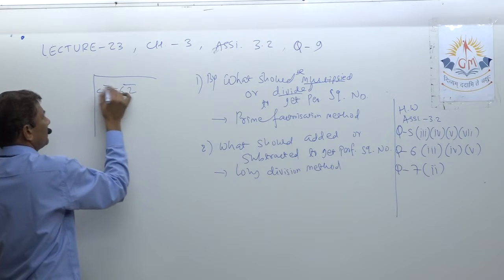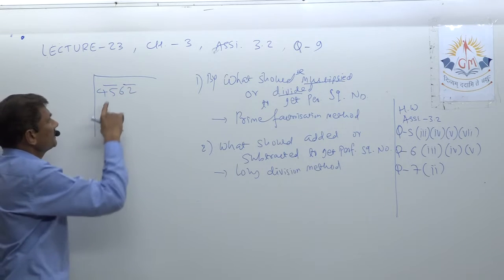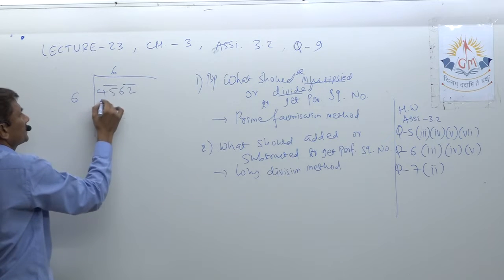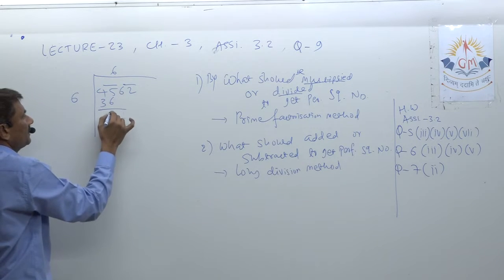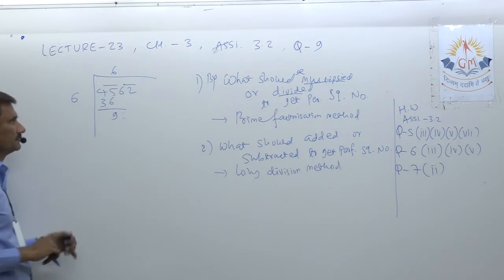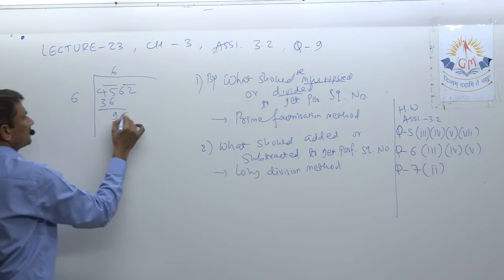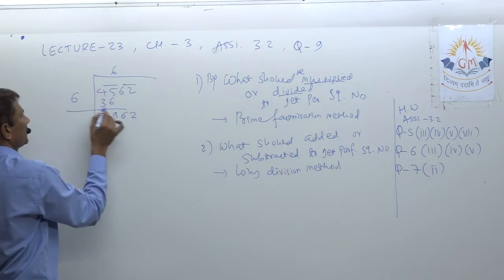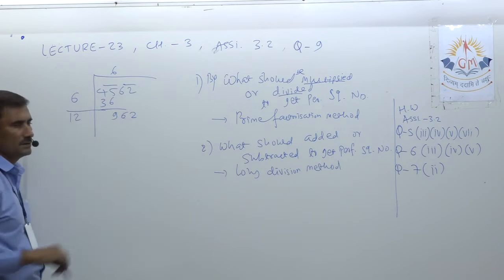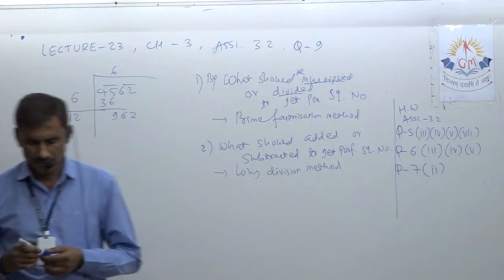First of all, make pairs. 7 sevens are 49, which will be quite more, so 6 sixes are 36. It will be 45 minus 36, 9. Okay. Now 62 came down here, but before starting the next digit, write down twice the quotient.